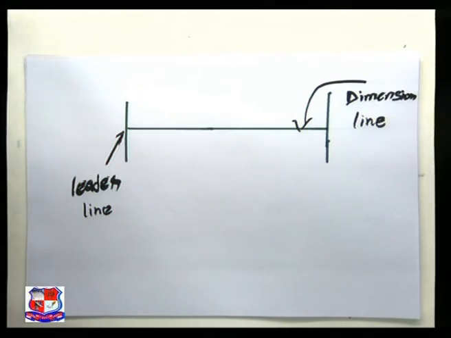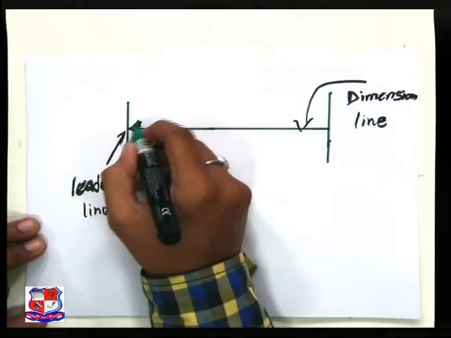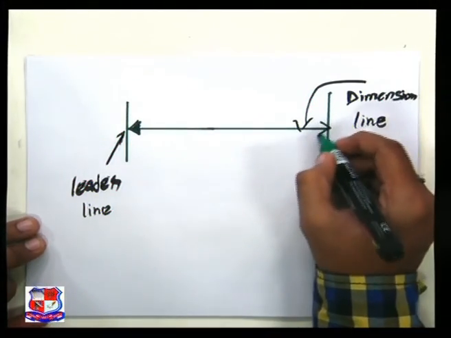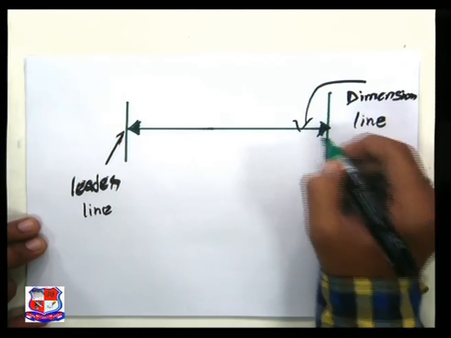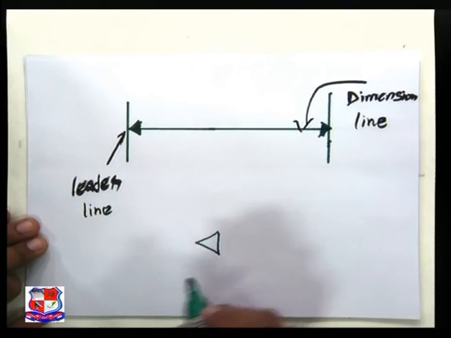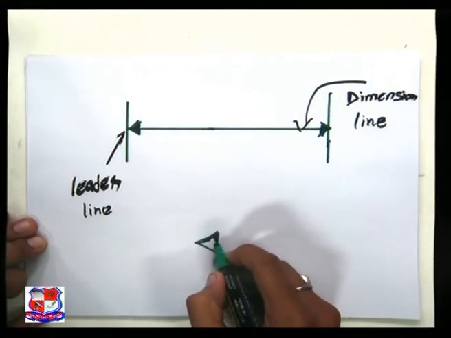Next important thing, arrows. Arrows are triangular in shape and they must be filled.